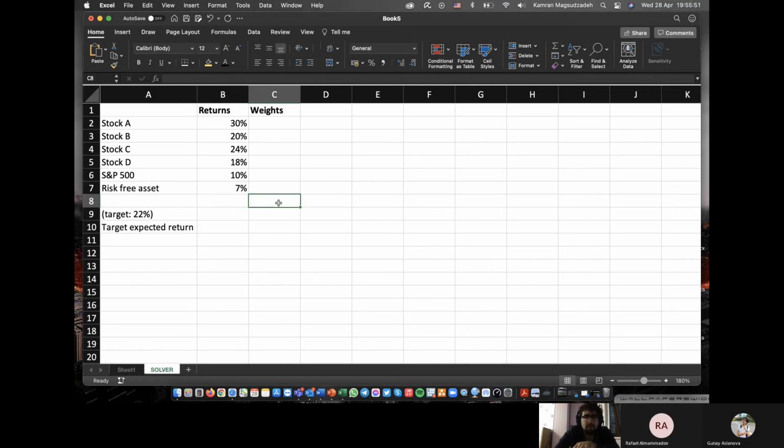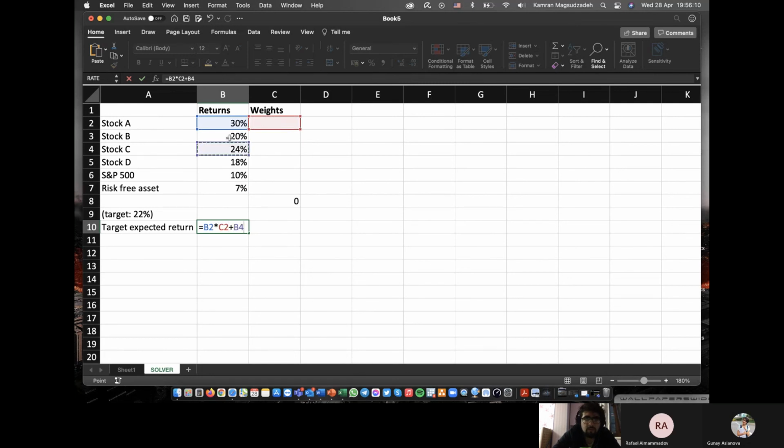But we know that the sum of the weights should be equal to 1. And also our target expected return is calculated by corresponding weights with corresponding returns.